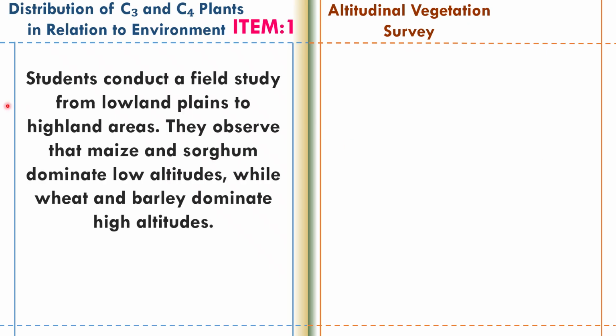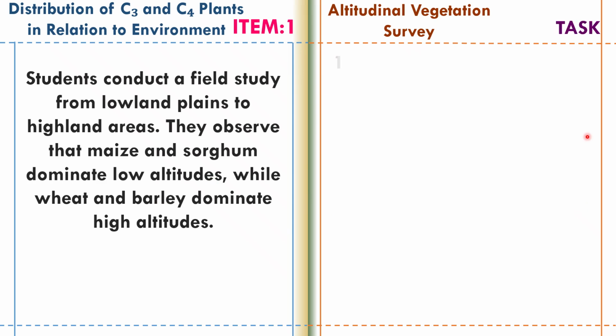Item 1. Altitudinal vegetation survey. Students conduct a field study from lowland plains to high areas. They observe that maize and sorghum dominate low altitudes, while wheat and barley dominate high altitudes.